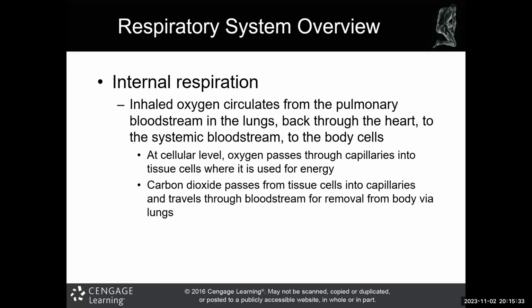So we said it goes through the aorta, arteries, arterioles, and then capillaries, which are tiny and go deep into the cells. And that allows the exchange of oxygen. And then carbon dioxide passes from the tissue cells into the capillaries, then travels through the venules, through the veins, into the heart, and then into the lungs to be breathed out.